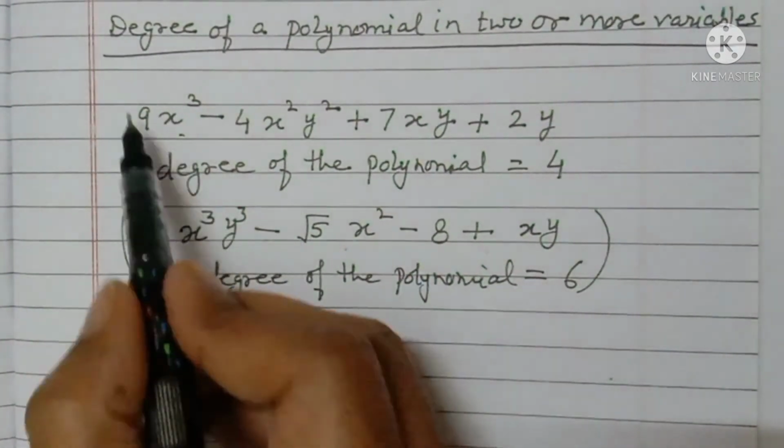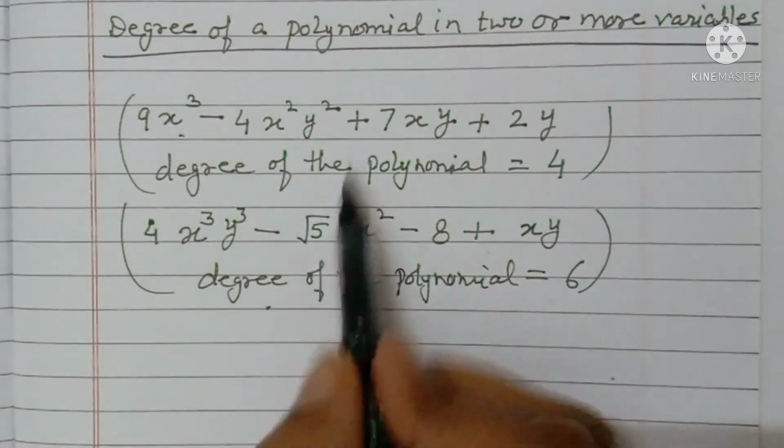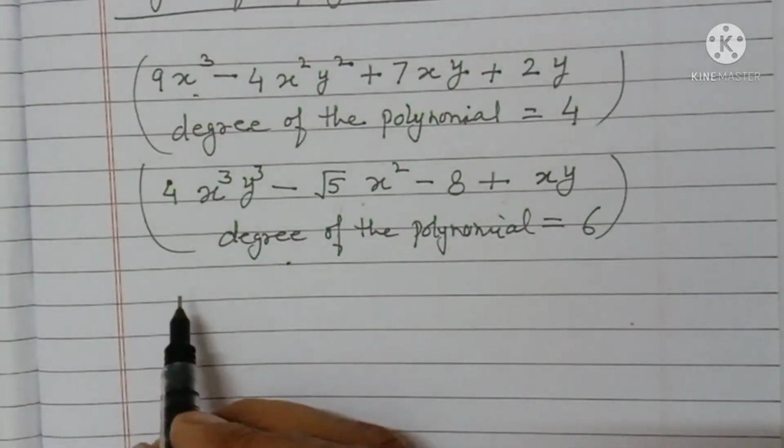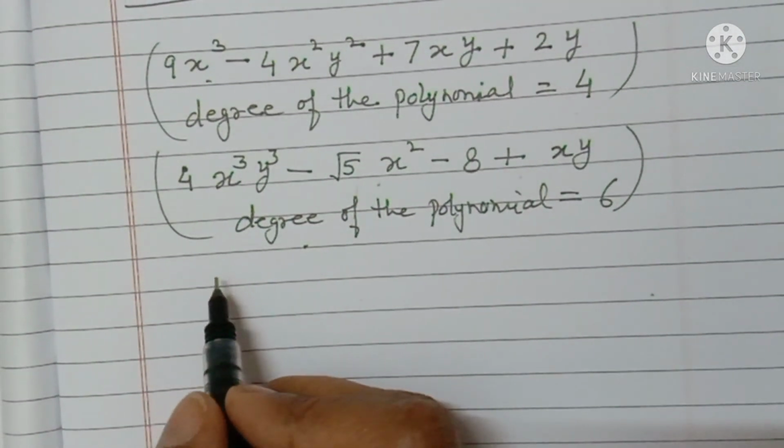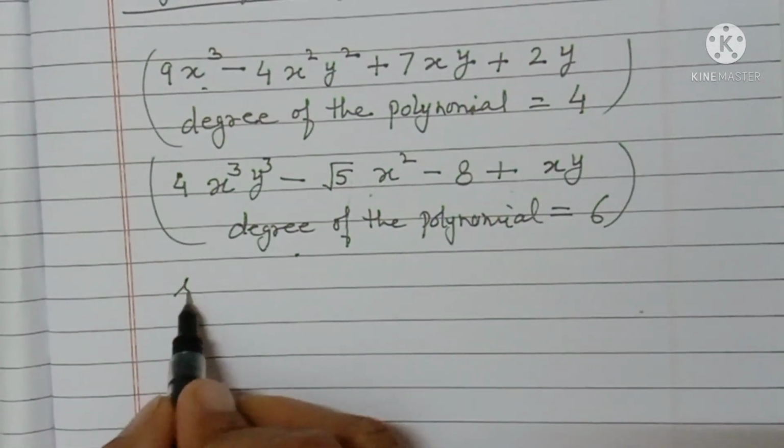This is how it works for each term. How do we write it? Sum of the powers.